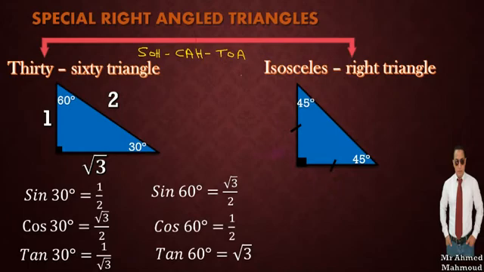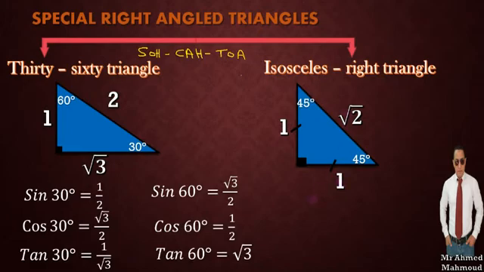Let the two legs equal 1 and 1 like this. Then the hypotenuse in this case equals the square root of 1 to the power of 2 plus 1 to the power of 2, which equals root 2. So by using this triangle, I can get the trigonometrical ratios of angle 45. For example, sine 45: the opposite equals 1 and the adjacent also equals 1.